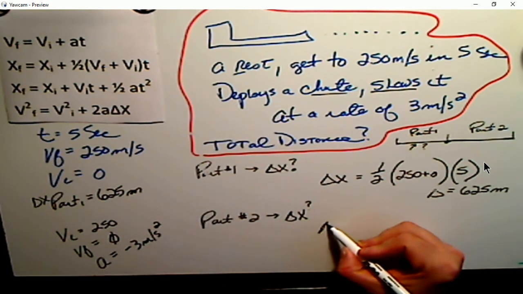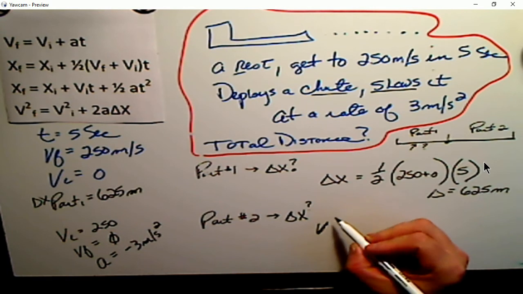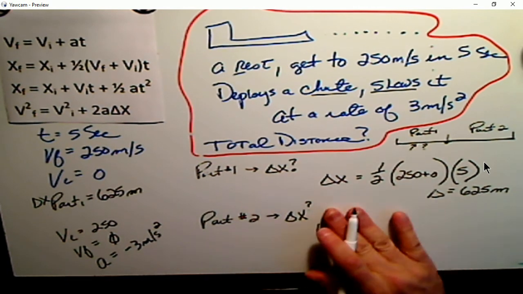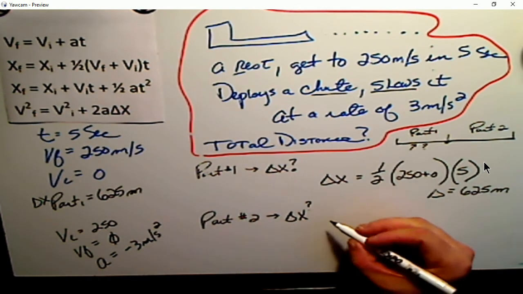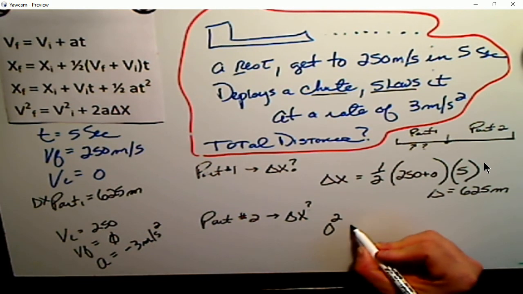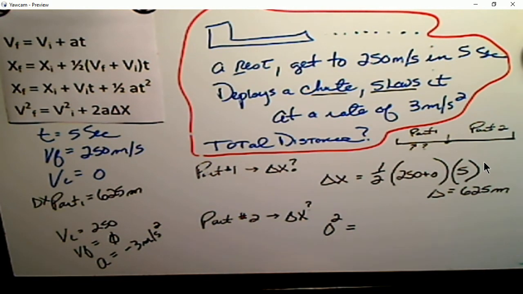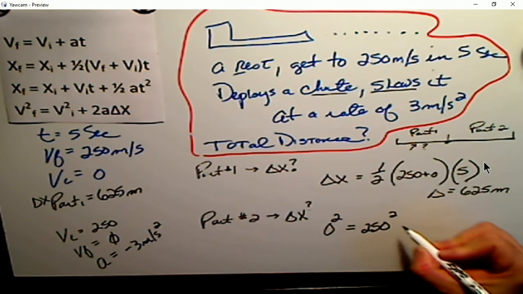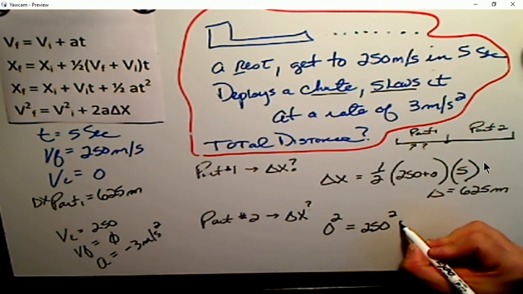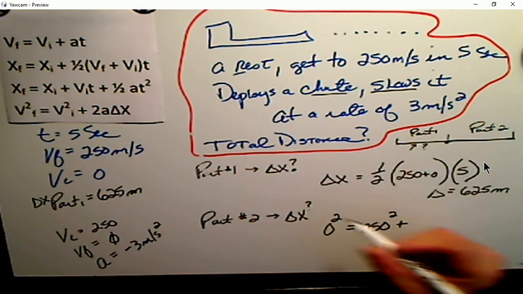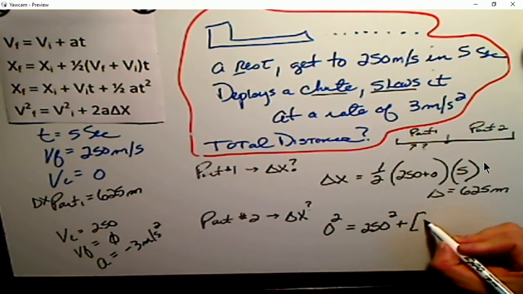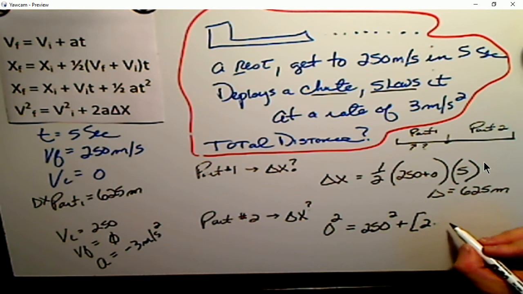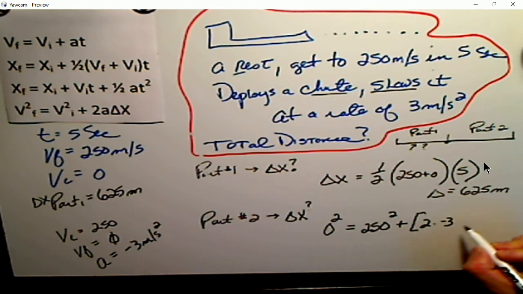Velocity final squared, so let me just write that down. 0 squared is equal to velocity initial, 250 squared, plus 2 times acceleration, negative 3, times change in distance.